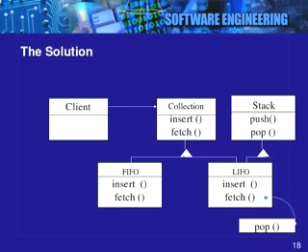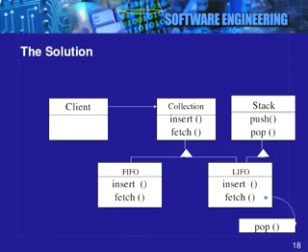The client knows collections, that is, of type collection. It may be either FIFO or LIFO, and the client application can simply call insert and fetch. But since we already have something called stack with another interface called push and pop, why can't we simply map push and pop onto insert and fetch? That means to adapt one interface to another. So the solution is adapter.